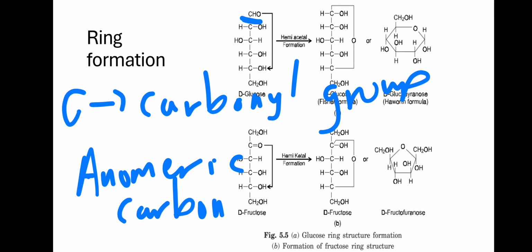The carbon that forms your carbonyl group, we call it the anomeric carbon. Yeah, so here, which one is our anomeric carbon? C1 in glucose, and here it is C2 in fructose. Okay, this is where we have the concept of the anomers coming in.